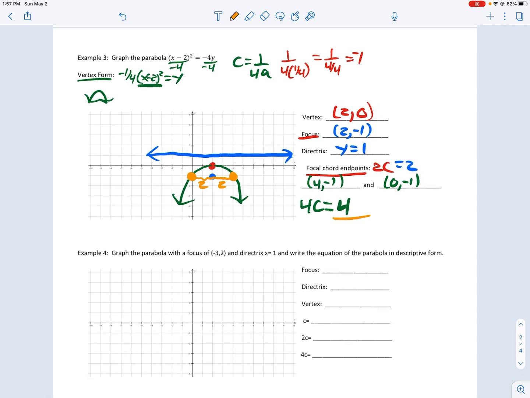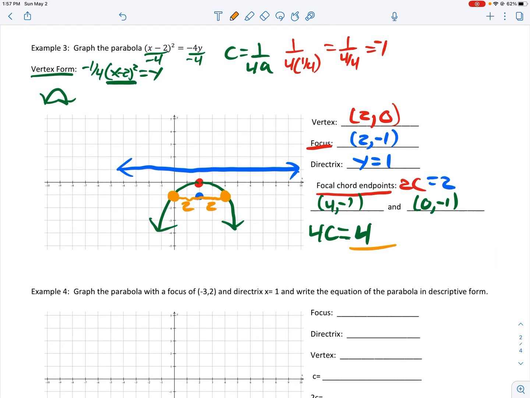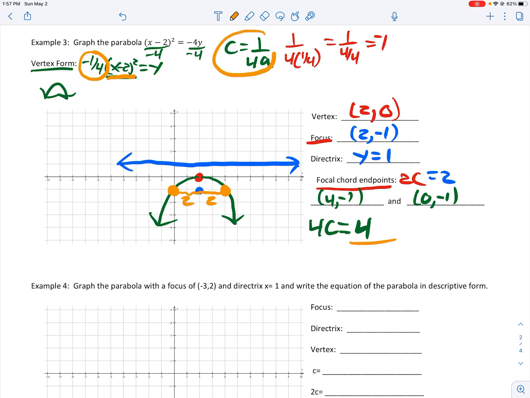Again, how do I know it opens down? Well, first off, it's negative. So it's either left or down. And since it's x squared, it's down. If it would have been negative y squared, it would have opened to the left. To find C, I use my 1/4a. Right? Find the vertex like we always have.